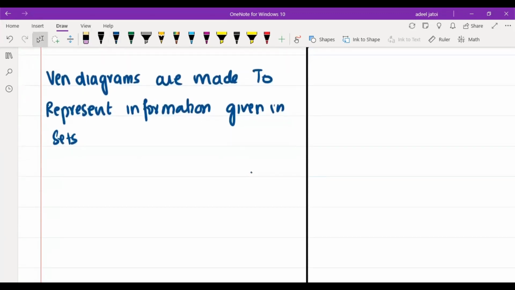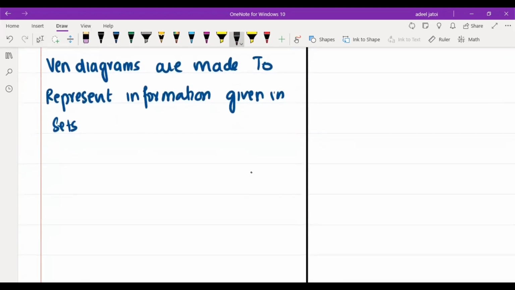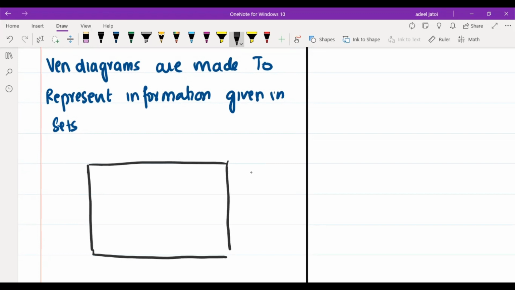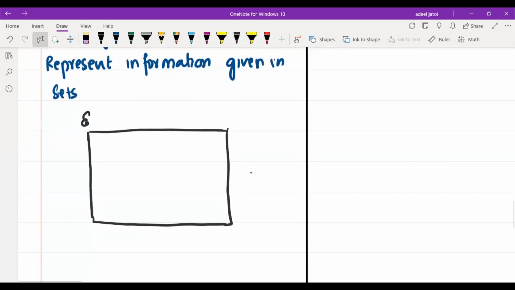Suppose, let's just do a few examples. A rectangle represents the universal set, that everything whatever happens will happen inside the rectangle.